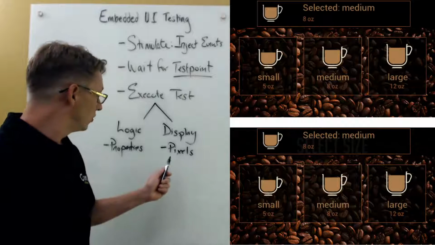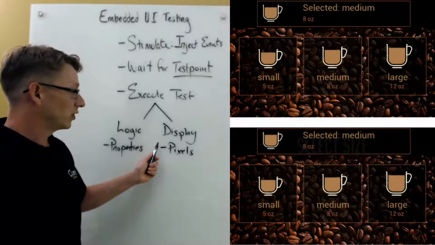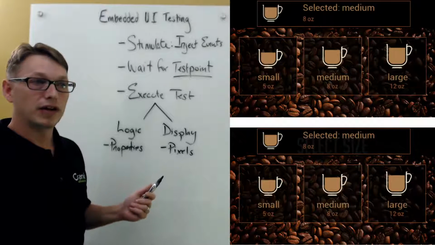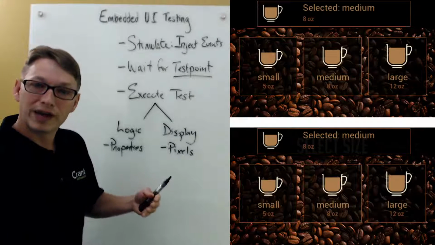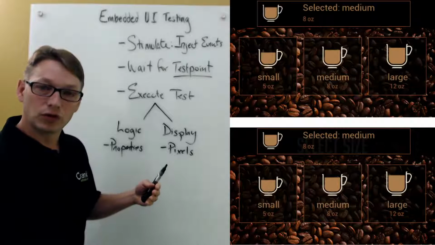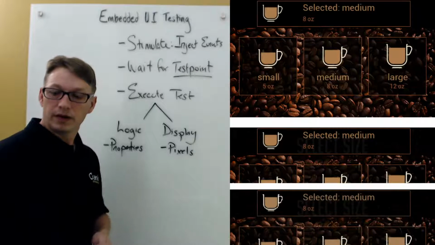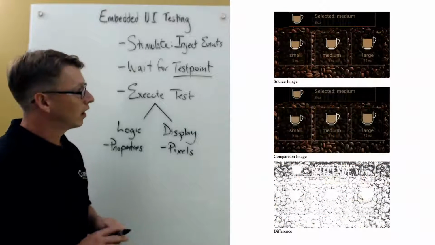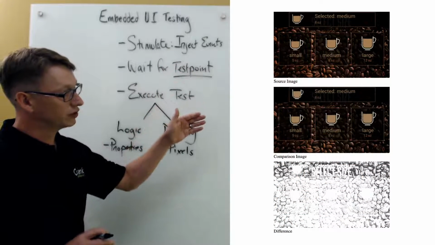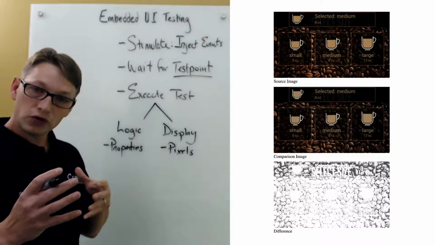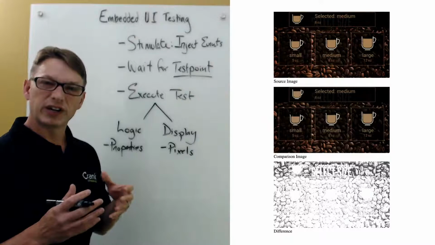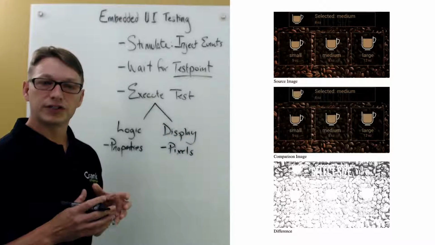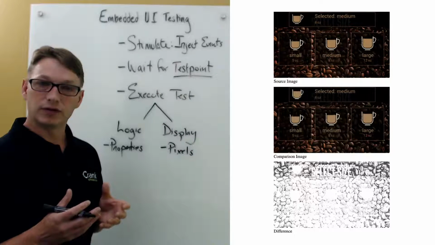Well, if I were to look at this situation of capturing the display and then comparing the display against my desired outcome, so some sort of golden masters of what those displays would look like, here's what I would end up with. I would end up with a visual difference that shows me this intersection, or this onion skinning of how this display and this display are different from one another at a pixel level.